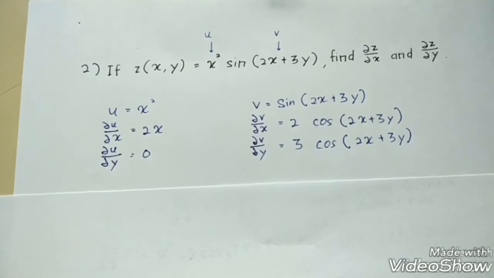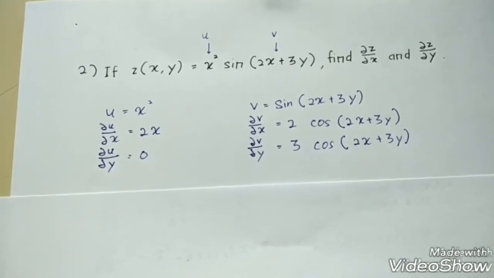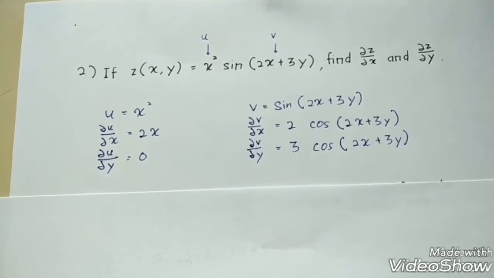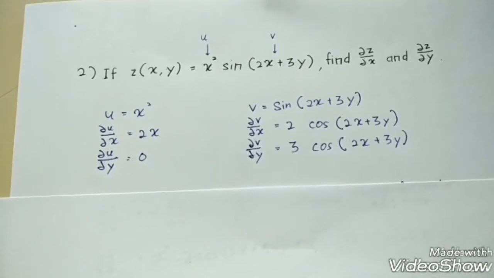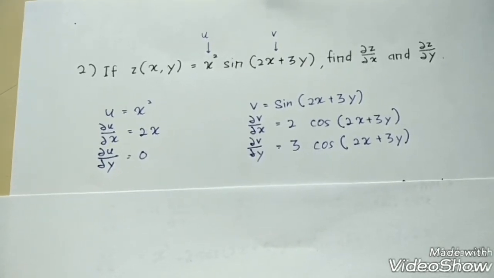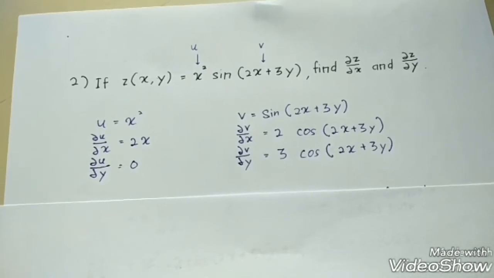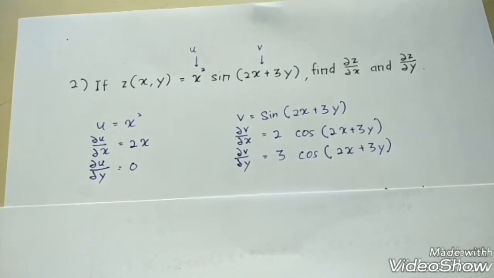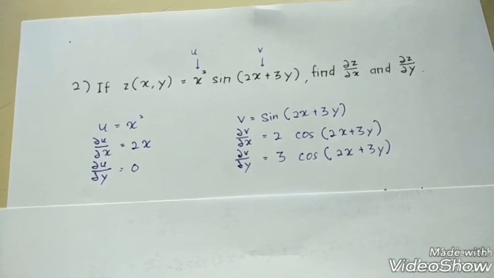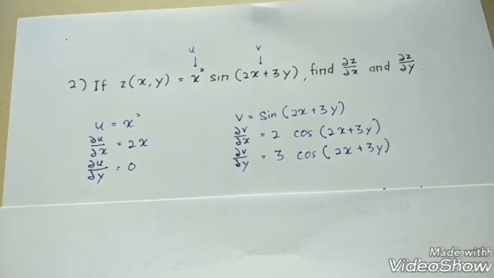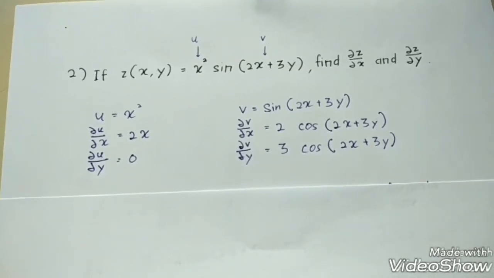For v, we take sin(2x + 3y), but we must use the extended trigonometric rule. Then you can get ∂v/∂x is 2cos(2x + 3y). ∂v/∂y is 3cos(2x + 3y).